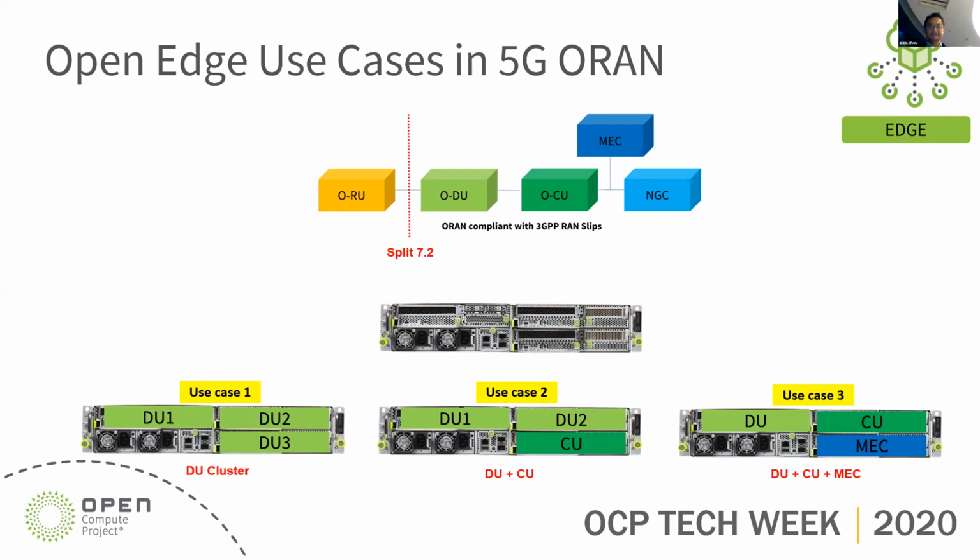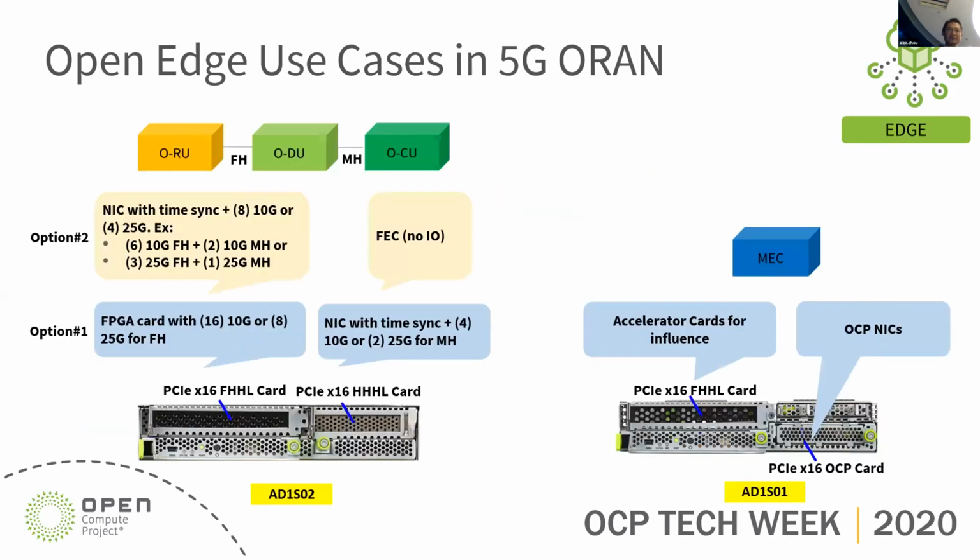Then I show you the config. On the left-hand side is the config example for the DU server. You can see that I also list two options. Option 1 is to have one FPGA for RAN acceleration and a NIC connected to the fronthaul. Option 2 is to replace the FPGA with FEC, and certainly you still need the NIC with the time sync function.